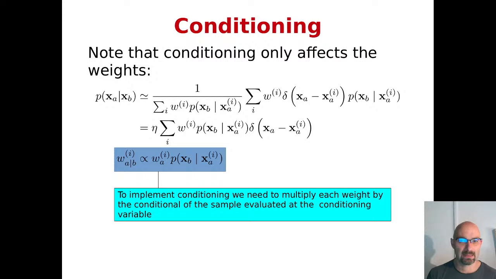Therefore, our sampled distribution will be obtained from the original distribution by considering that the normalizer is just a constant, which we can call eta. We boil down the entire evaluation of a conditional to taking this special joint distribution, and for each input weight we multiply the weight of a sample by the likelihood of the measurement p of xb given that particular sample.